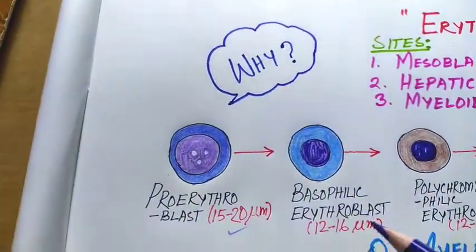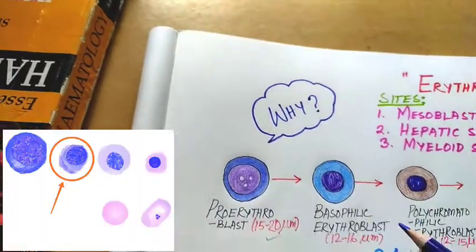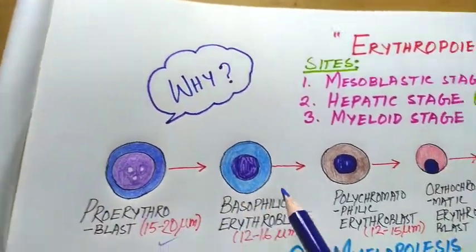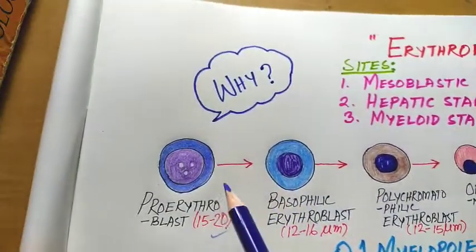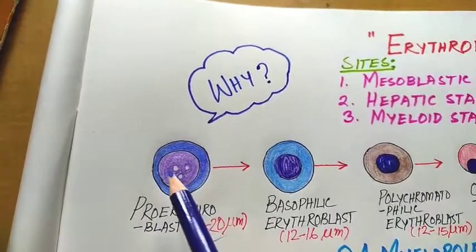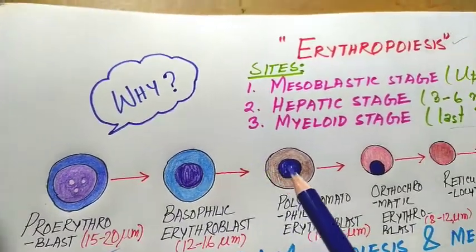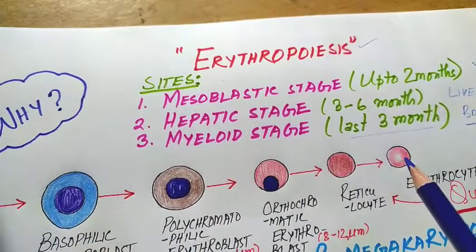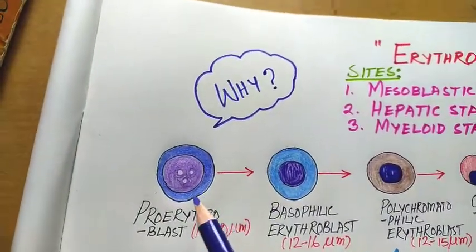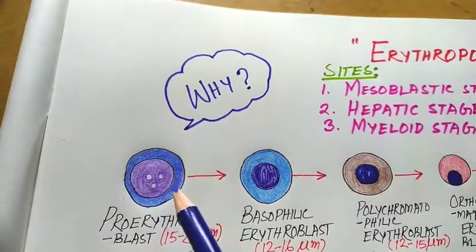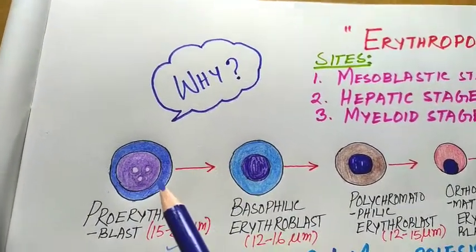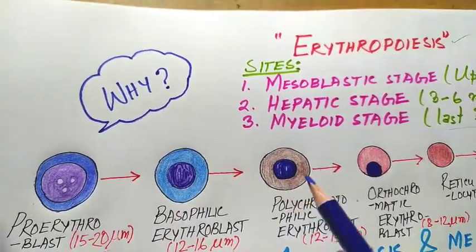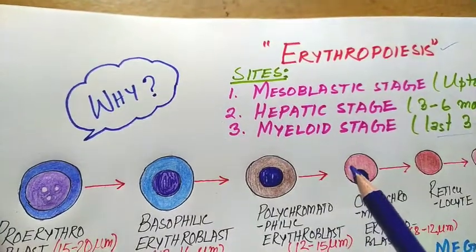Now coming to the basophilic erythroblast. Let me make one thing clear: during the process of erythropoiesis, the size of the nucleus is gradually decreasing, and in the mature form there is absence of nuclei, and also the color of the cytoplasm is gradually fading from dark blue to light blue, and from light blue it will change to gray, from gray to pink or reddish.